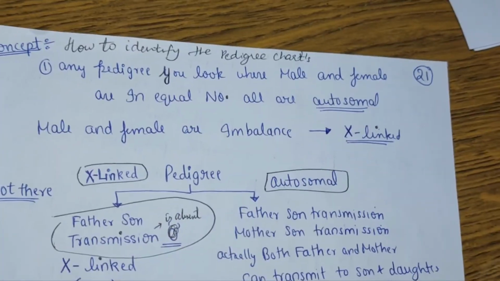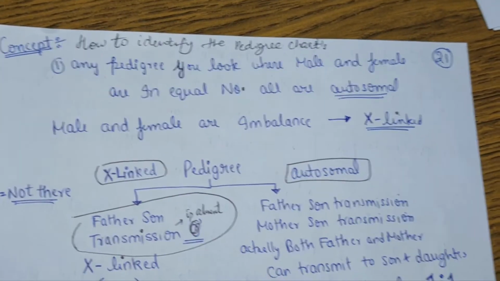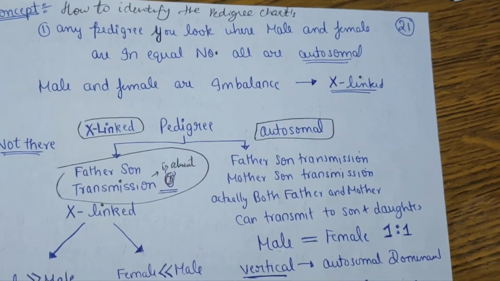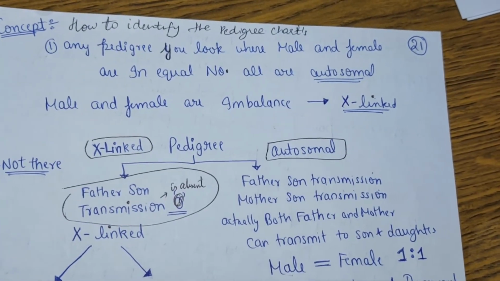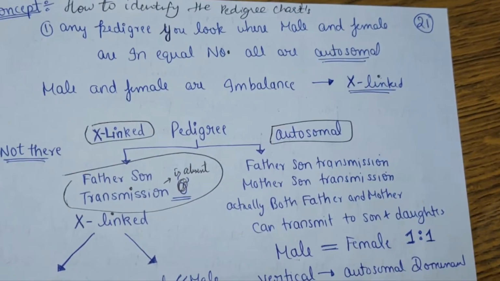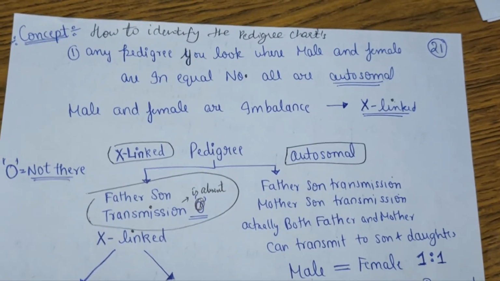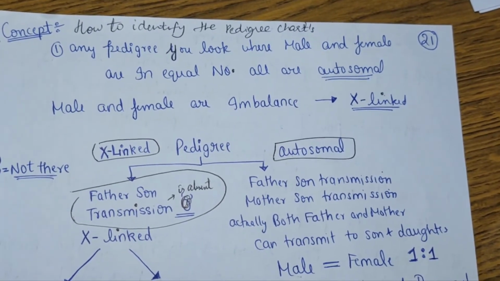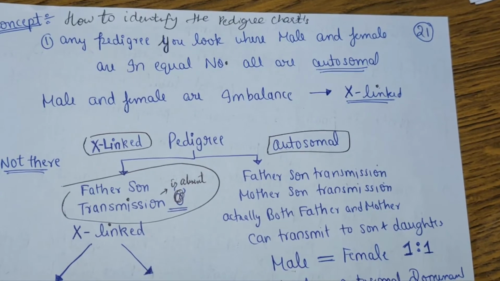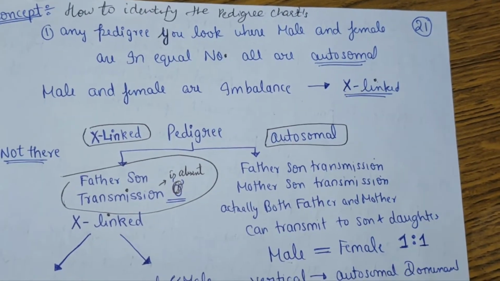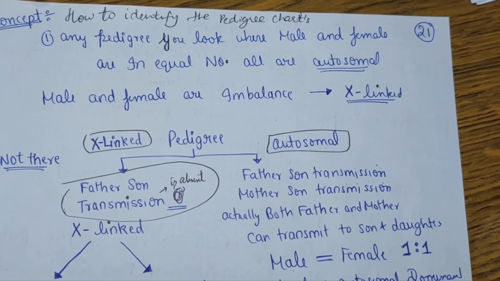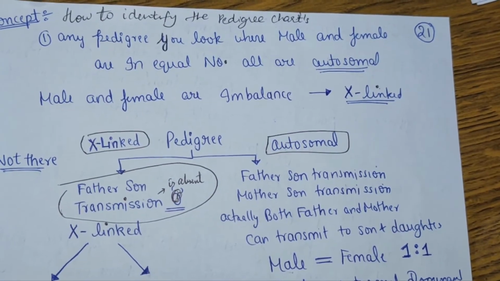Now, how do we identify pedigree charts? For any pedigree chart, first we have to understand whether it is an autosomal pedigree chart or an X-linked pedigree chart. In autosomal pedigree charts, the numbers of affected males and females will be equal. That's the main clue. In X-linked pedigree charts, the numbers of affected males and females will be imbalanced.